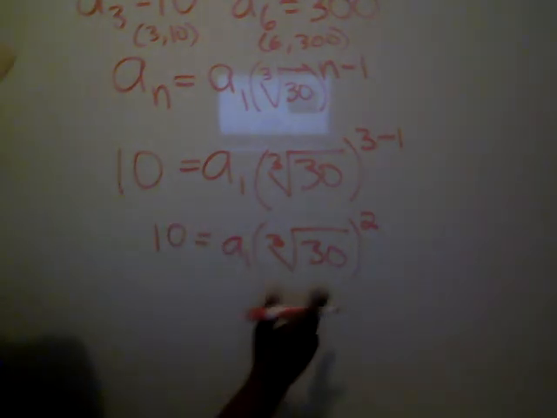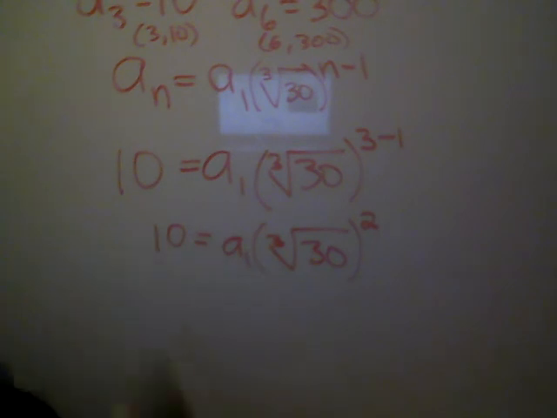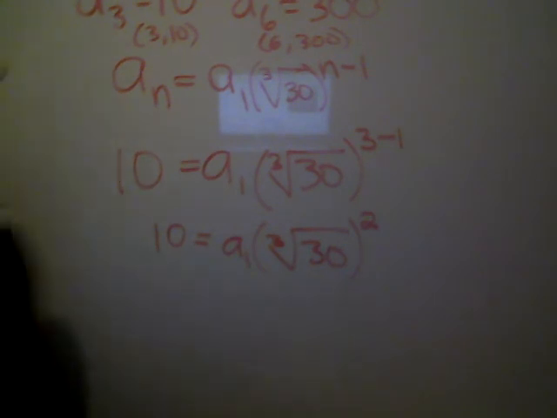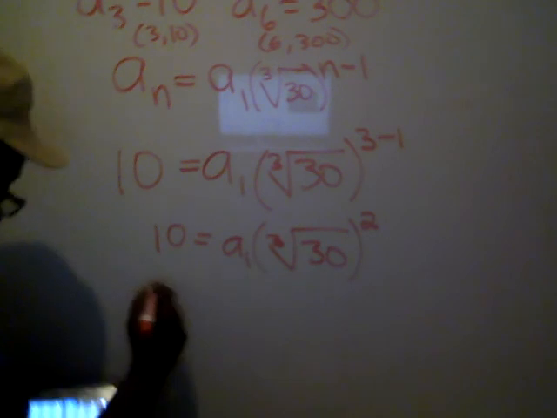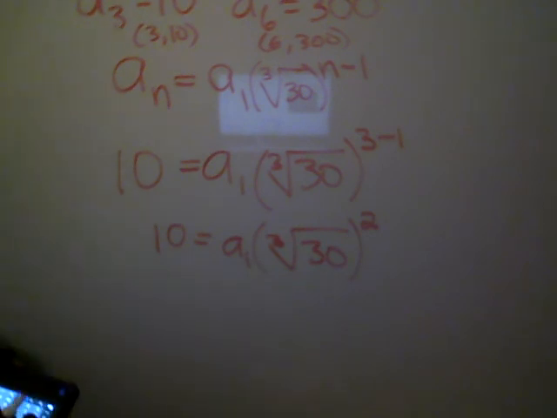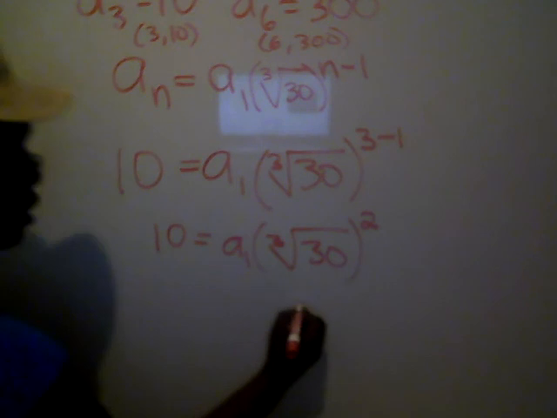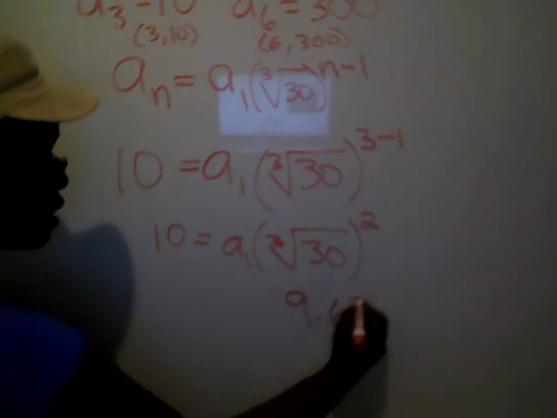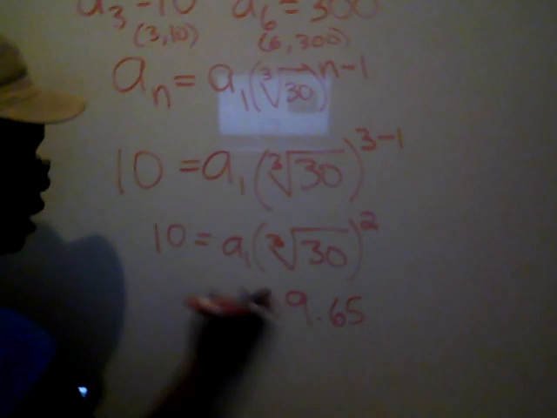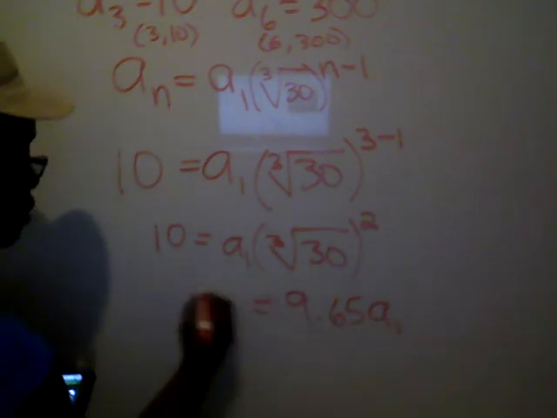Now the cube root of 30 squared is going to be some crazy decimal. So let me actually figure out what that is as a decimal. So this is still going to be 10. So we have 30 to the 1/3 squared. So this is 9.65, 9.65 a1 equals 10.